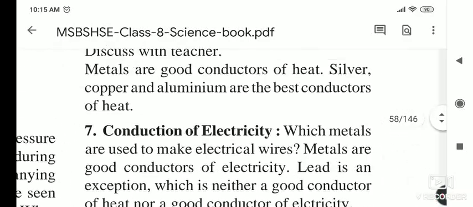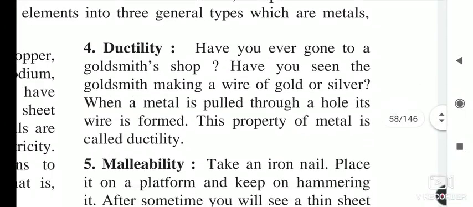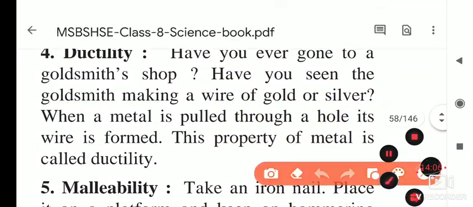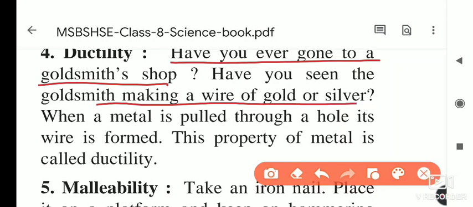Now the next property of metals is which? Ductility. Ductile means what? We can draw out a thread-like wire. Have you ever gone to a goldsmith shop? Yes, we go with our parents. Have you seen the goldsmith making wire from gold or silver?